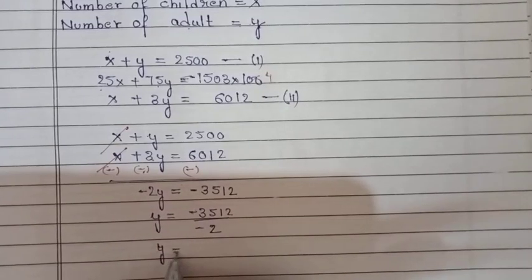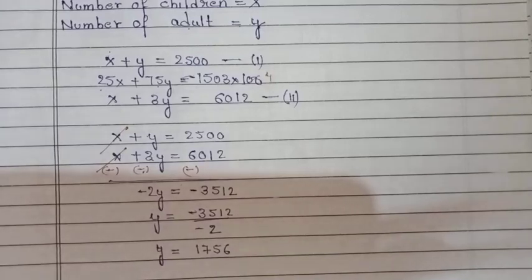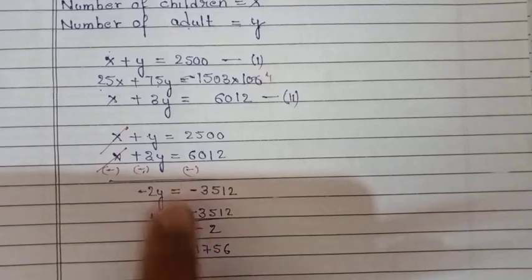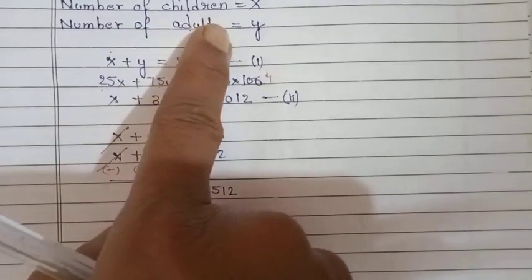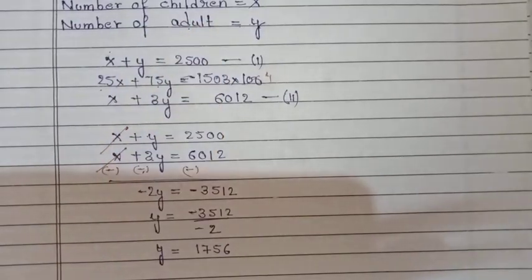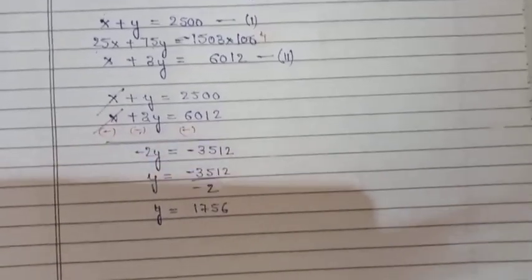So when I solve it, I am getting y is equal to, you reduce it by 2, 2 1s are 2, 2 7s are 14, 2 5s are 10, 2 6s are 12. So value of y we have got 1756, and what y is representing? Number of adult.